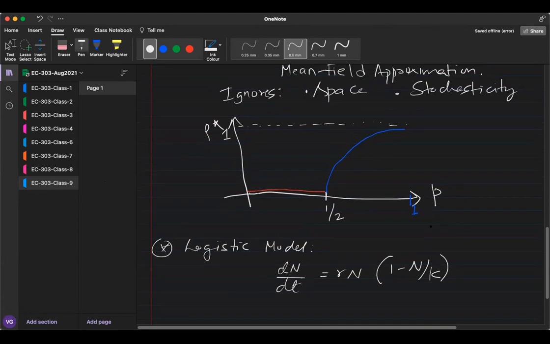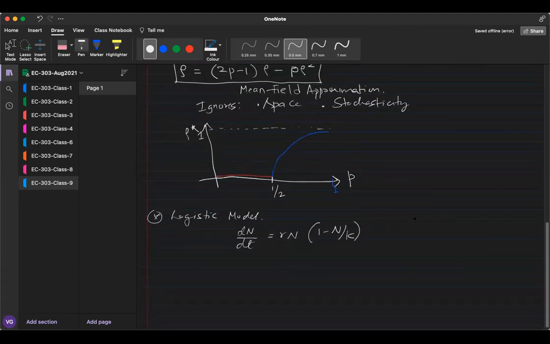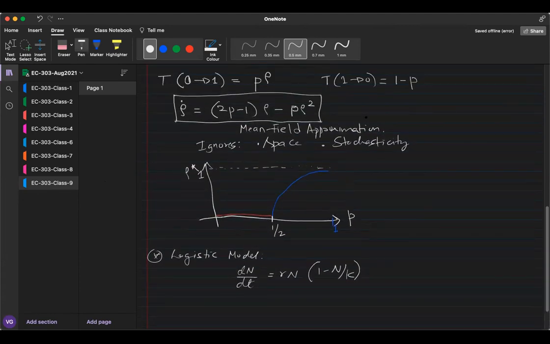Are these two models similar? What about the logistic model, and what about the mean field theory of the spatial stochastic process I introduced? Do you see they're similar in some ways, and if so, how do the parameters map?